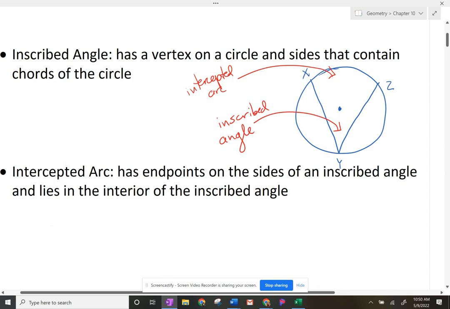Okay, and then the next definition is going to be the intercepted arc. For an intercepted arc, you're going to have that inscribed angle. The intercepted arc is going to be the arc that goes between the 2 parts of the chords that are across the top.